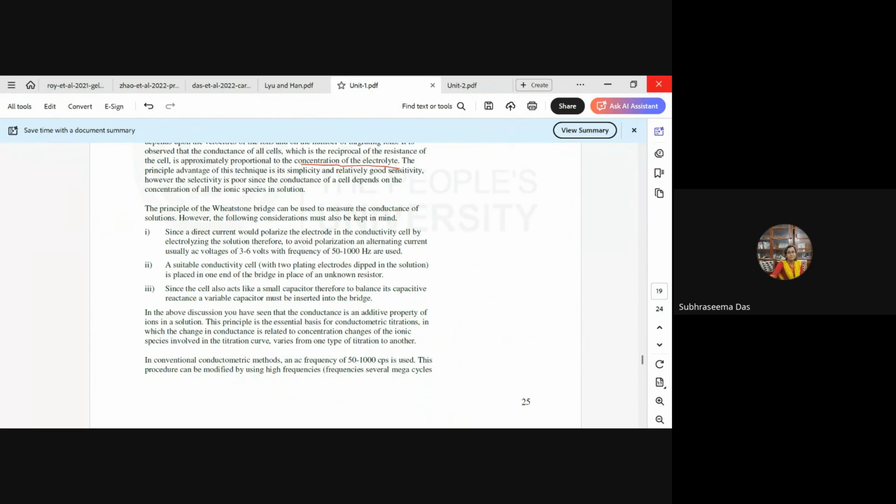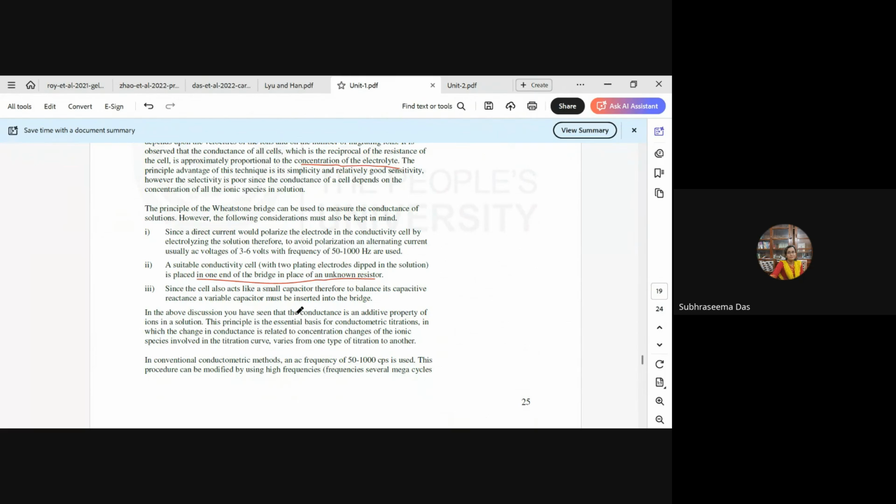A suitable conductivity cell with two platinum electrodes dipped in the solution is placed in one arm of the bridge and an unknown resistor in another. Since the cell also acts like a small capacitor, to balance its capacitive reactance, a variable capacitor must always be present.